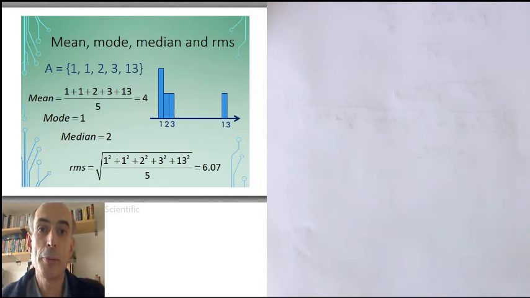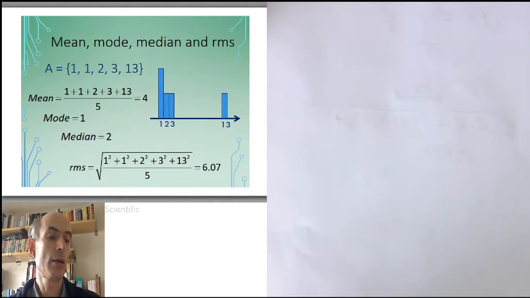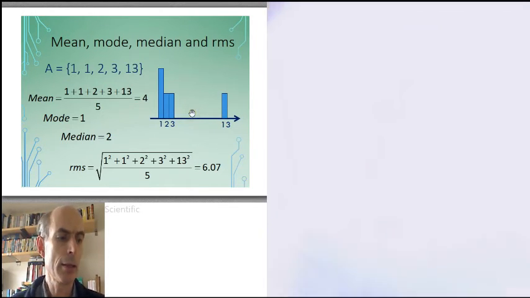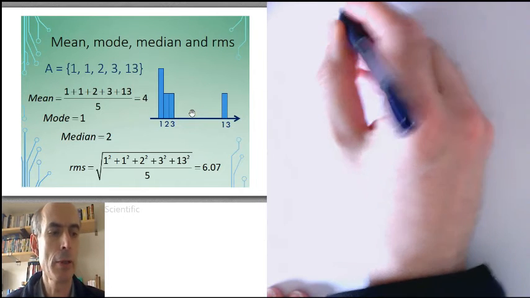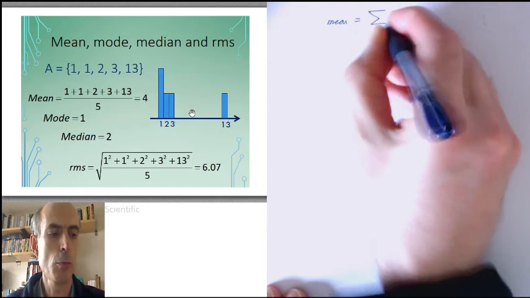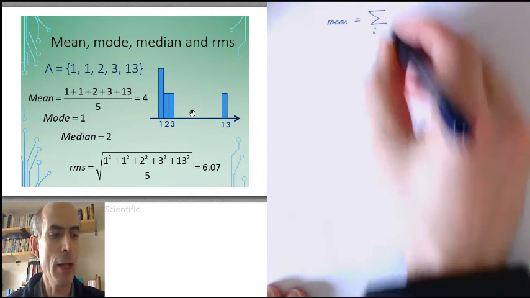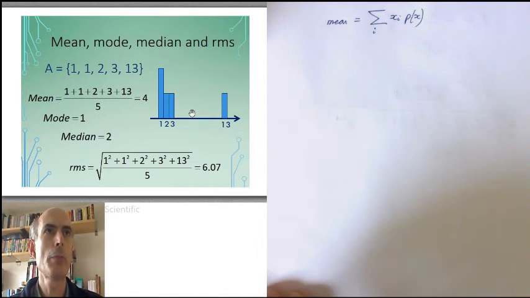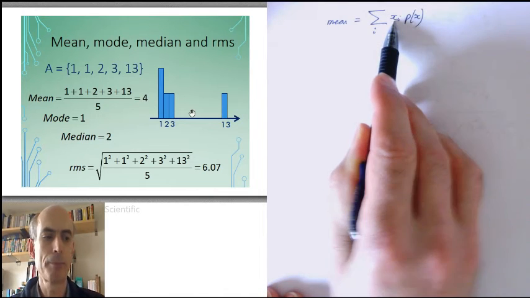I can do an example of working out what the RMS average is using the same distribution that we were looking at earlier. Now, the mean value of something is defined as the sum over all possible values of the value itself times the probability of the value. That would be the mean value of x.